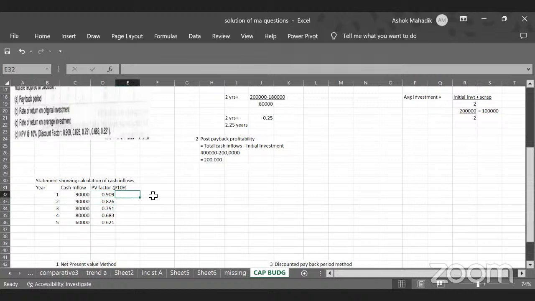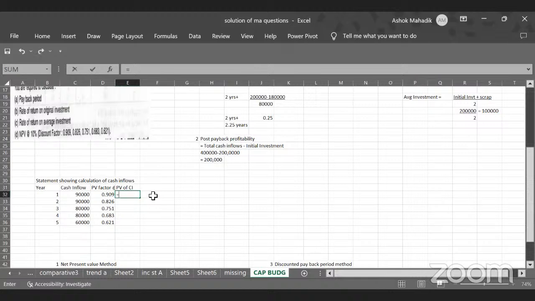Now the next column will be present value of cash inflows. We will multiply cash inflow with PV factor. You will get PVCI, present value of cash inflows. I hope this is clear. This is nothing but multiplication of cash inflow and PV factor.